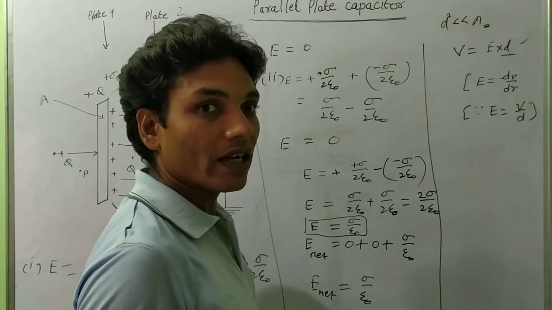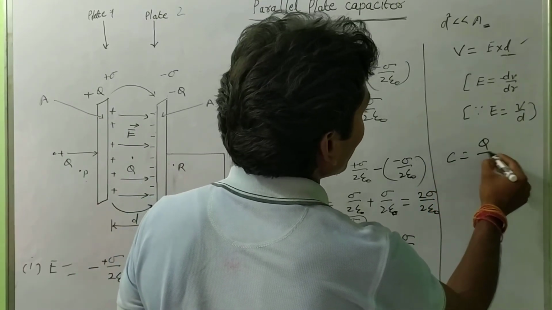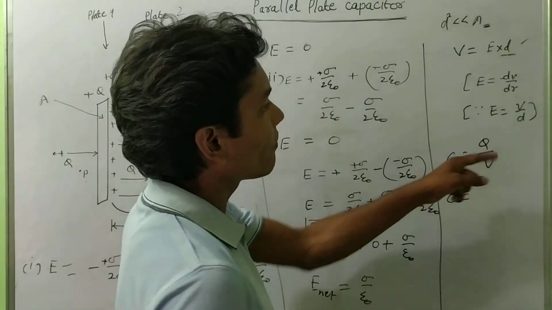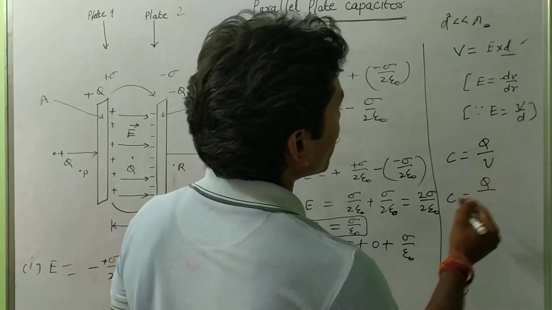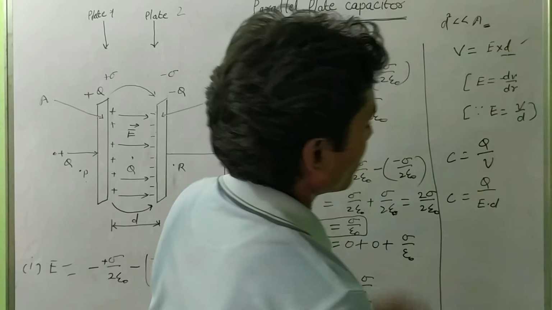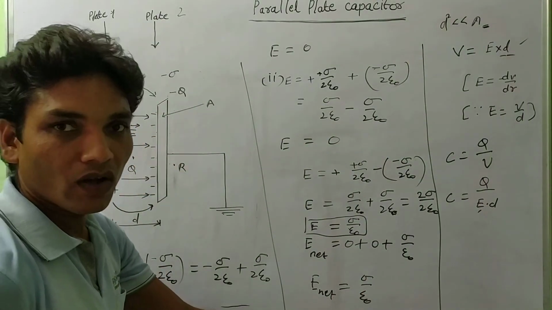Now we have to find the capacitance. Capacitance C is equal to Q upon V, or, on putting the value of V, Q upon E into D, where E is equal to sigma upon epsilon naught.